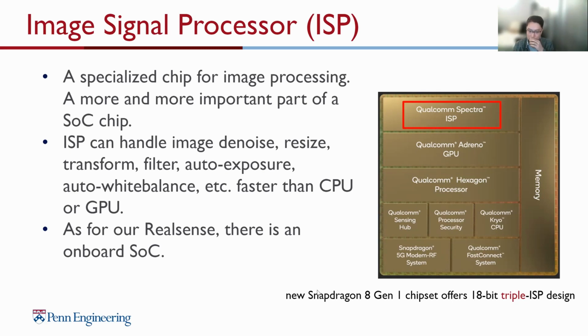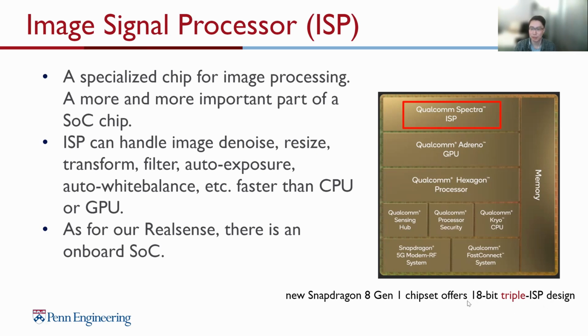If we look here, this is the brand new Snapdragon 8 Gen 1. It has 3 ISPs. Why do they use 3 ISPs? The answer is because most phones have 3 cameras now, and to do things like denoise, they want to capture the image from 3 cameras altogether so that it can be processed with these 3 ISPs.